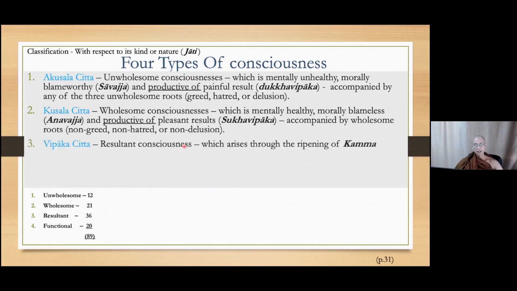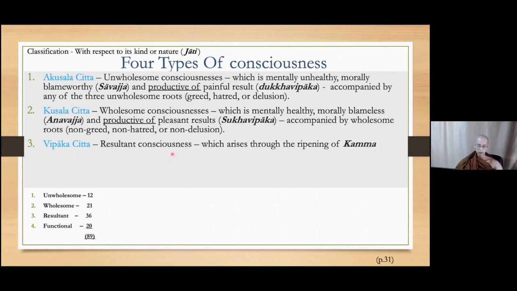The third type of consciousness is vipaka chitta. As I mentioned, kusala and akusala are the causative, and vipaka is the result of the causes of wholesome and unwholesome. So the third type of consciousness is resultant consciousness. Result of what? Result of wholesome or result of unwholesome.